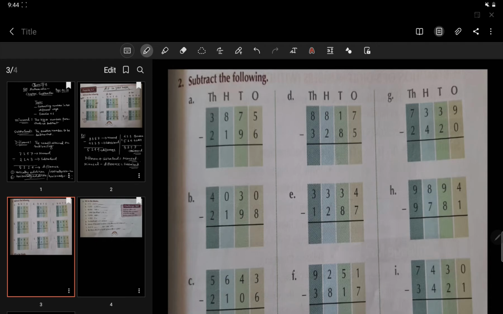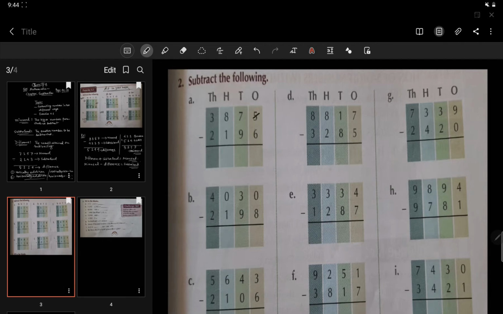So you have to subtract. Here in the ones place, the minuend has 5 and the subtrahend has 6. We can't subtract 6 ones from 5 ones because 6 is bigger than 5. So you have to borrow 10 from the tens place.